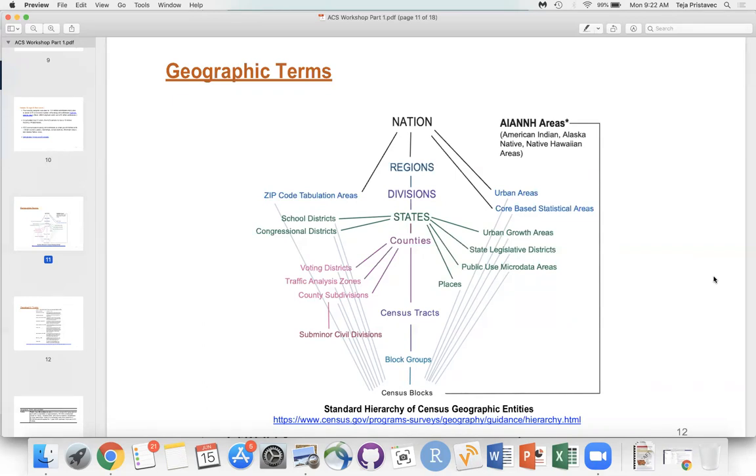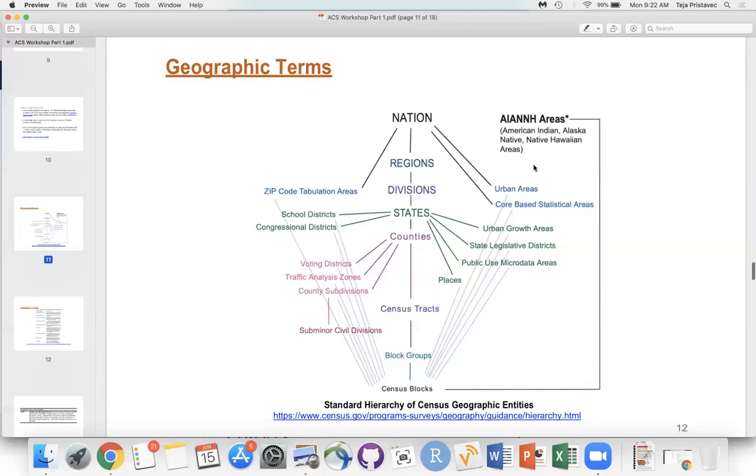On the right hand side of this diagram, you also see American Indian, Alaska Native, and Native Hawaiian areas. That has a fairly different set of geographies. You will have to look that up if you're interested in that. I gave you a link down here where you can read the definitions of all of these different breakdowns and also find more information about alternative geographies for other areas.